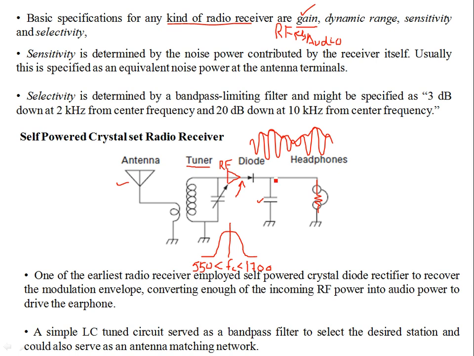You need RF amplification, and before you send the signal to the load or the headphones, or want to drive the speaker, you might want another stage for gain. This could be, let's say, a push-pull configuration of a class B amplifier, or if you want to get rid of the crossover distortion, a class AB amplifier.